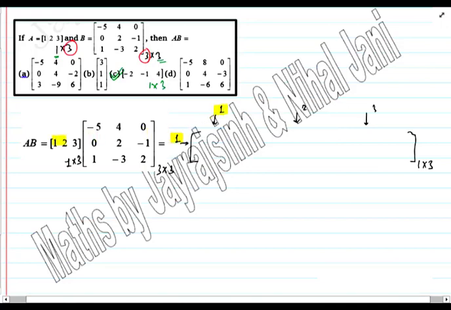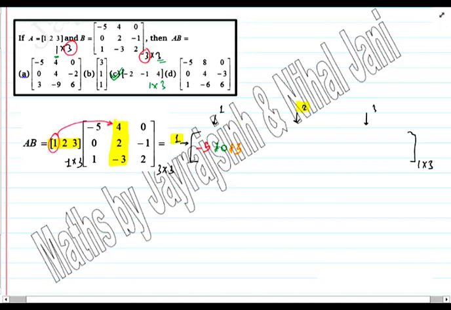So let's select the first row and first column and start to multiply the corresponding terms. 1 into minus 5 is minus 5, 0 into 2 will give us 0, and 3 into 1 will give us plus 3, right? Now the next element, which is in the first row and second column, you have to select the first row and the second column.